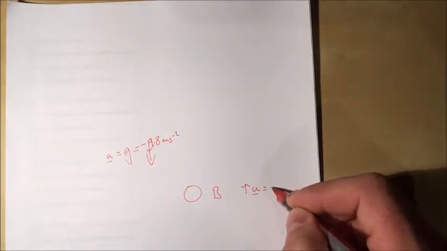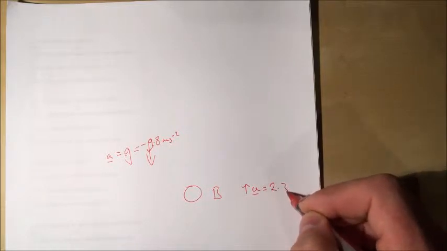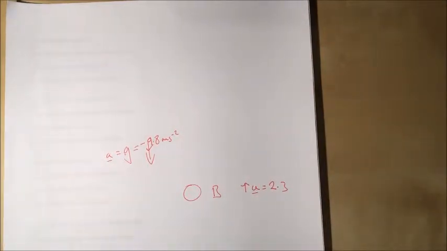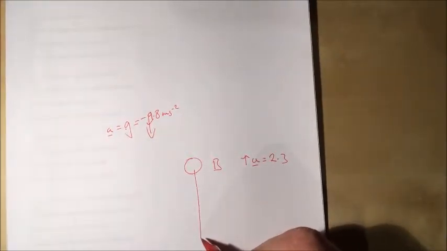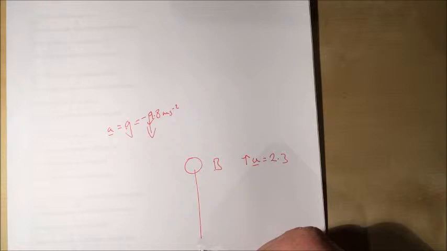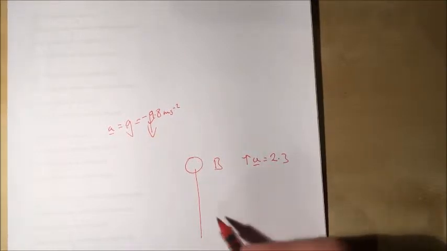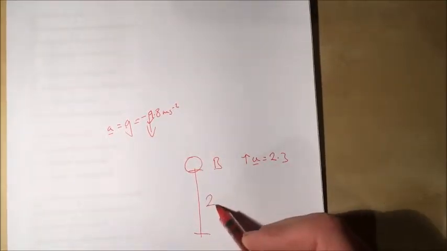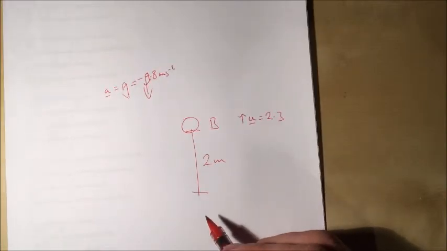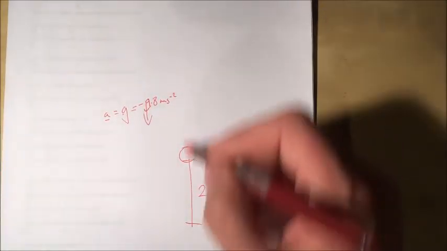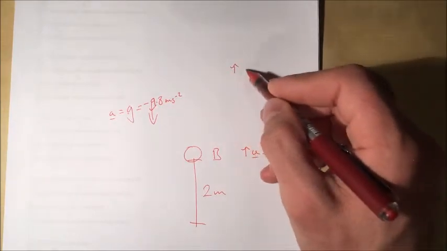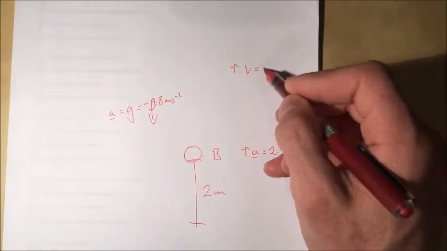Initial velocity is 2.3, and the question they're asking us is the greatest height that B reaches above the ground. So B is already 2 meters above its initial position, and we need to find out the distance that it travels. So it's going to go up and then stop. So eventually up here somewhere it's going to have a final velocity of 0.